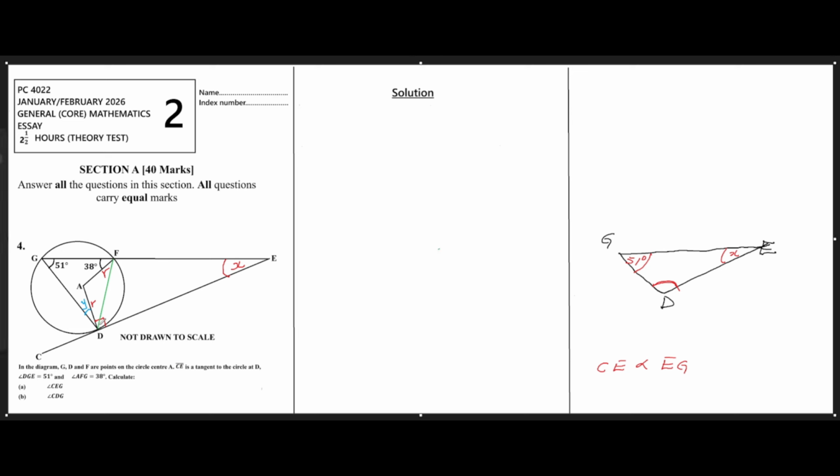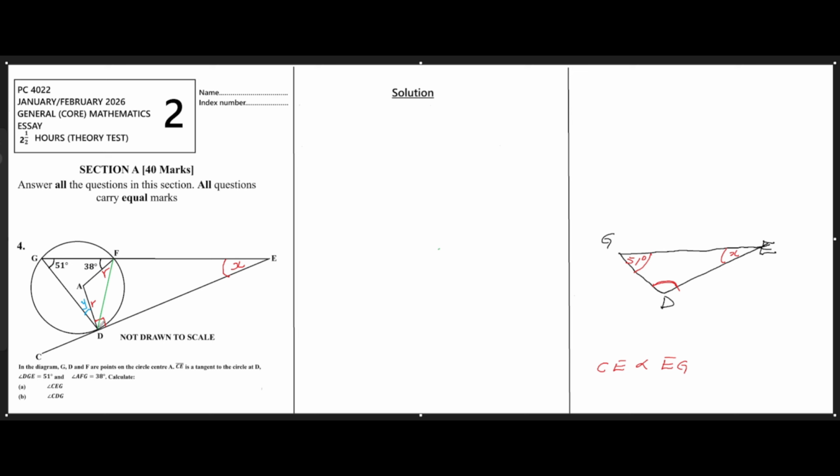Now you could see that this chord here is subtending two angles. Now the first one, the chord is subtending an angle at the center and at the same time an angle at the circumference. And recall this property, which says that the angle a chord subtends at the center is twice the angle at the circumference.